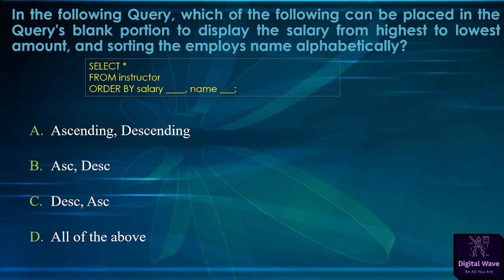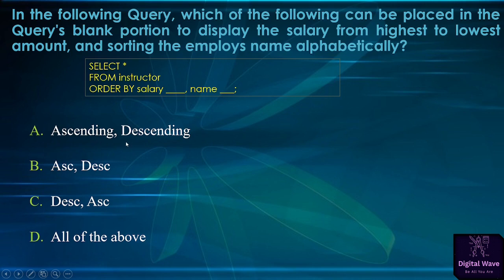Next question is, in the following query, which of the following can be placed in the query's blank portion to display the salary from highest to lowest amount and sort the employee name alphabetically? So, options available here. We have to first read this query carefully, after that we have to choose the option. Okay.